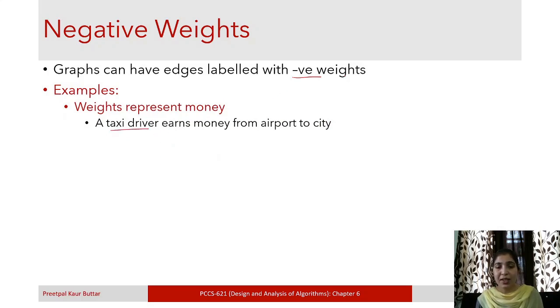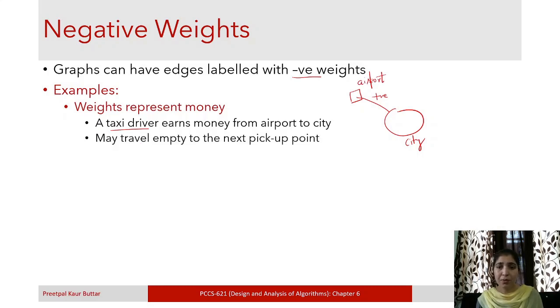When the taxi driver picks up a person from the airport and drops him or her in the city, he earns some money because that person will give him some fare. So this is a positive edge from the airport to the city.